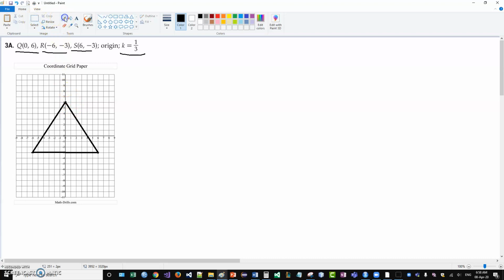Alright, now we need to calculate the coordinates of the dilated image. So we're going to start with point Q, 0, 6, and then Q prime. All we have to do is just multiply everything by 1/3.